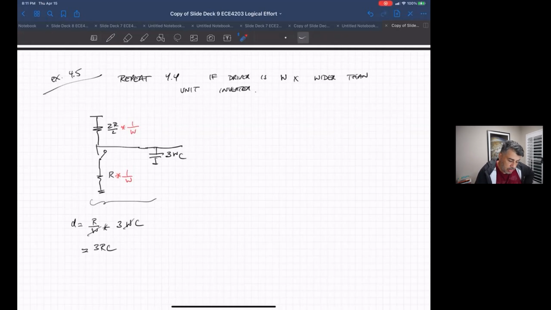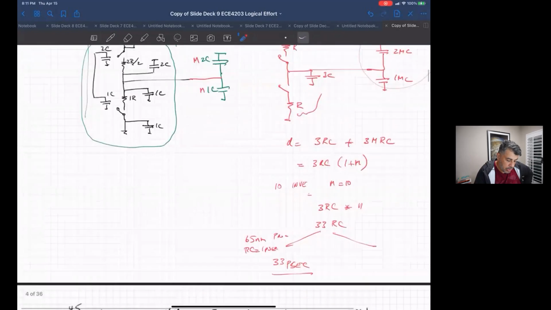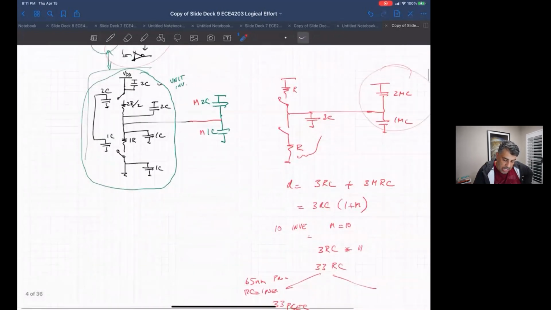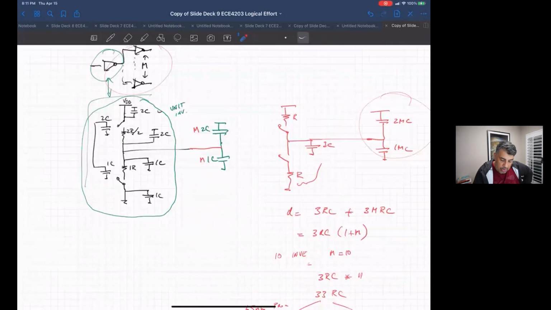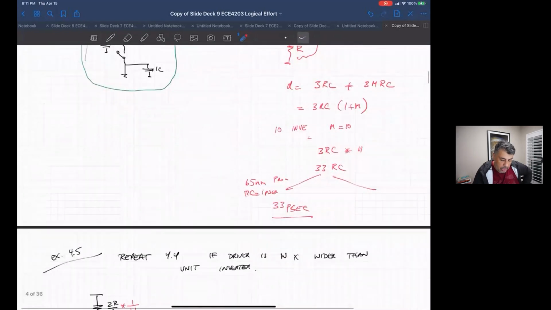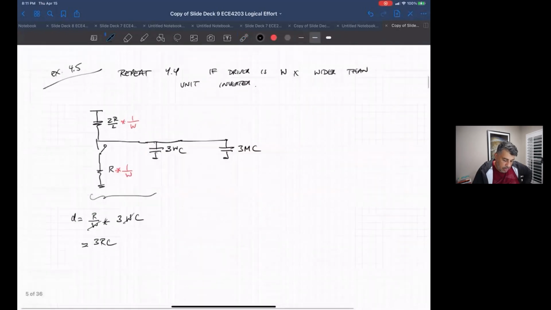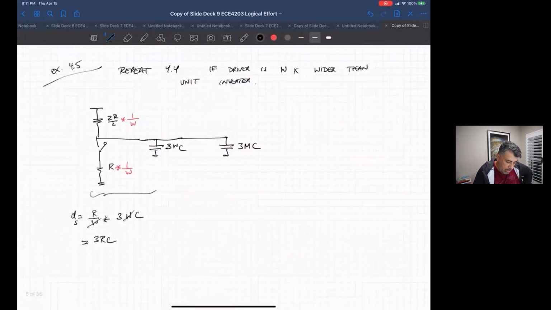Now, just like the last one, we're going to drive M unit inverters. The load for that stays at 3MC because those aren't any wider. So I'm going to put in 3MC for all the loads I'm driving. This is the self delay and this is the load.